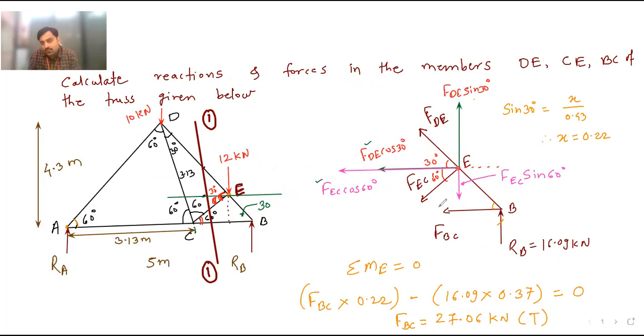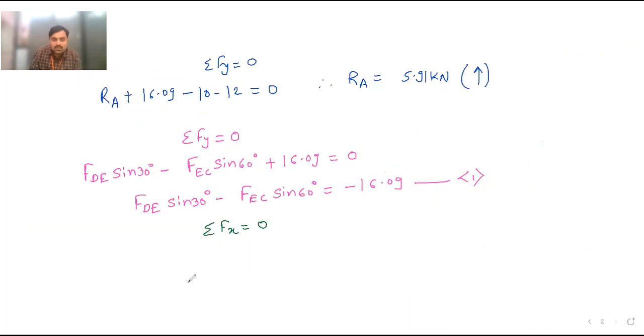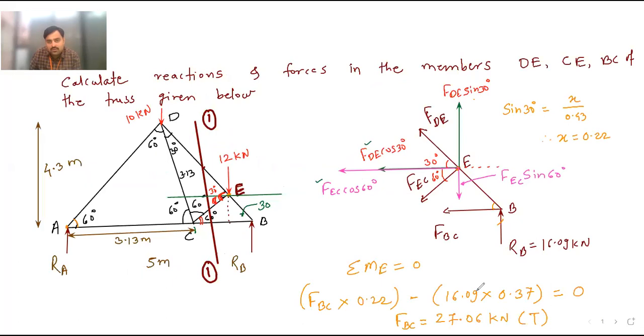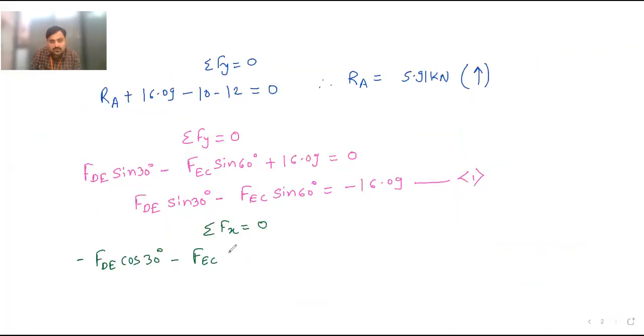Any other force? No force is there. So I will write minus FDE cos 30 minus FEC cos 60 is equal to 0. This is my equation number 2.